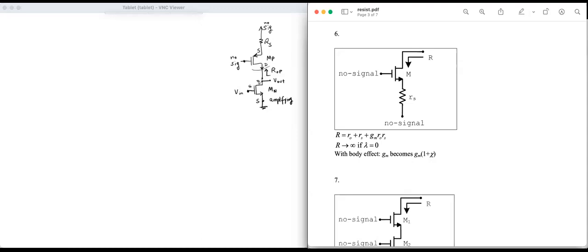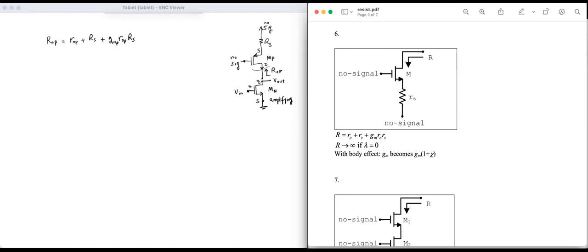So looking at my exercise, I'm looking into the drain of MP with big RS between its source terminal and signal ground, and therefore ROP would be given by the formula small ROP plus big RS in this case plus gmP ROP RS. So this is ROP, the resistance seen looking into the drain of MP.